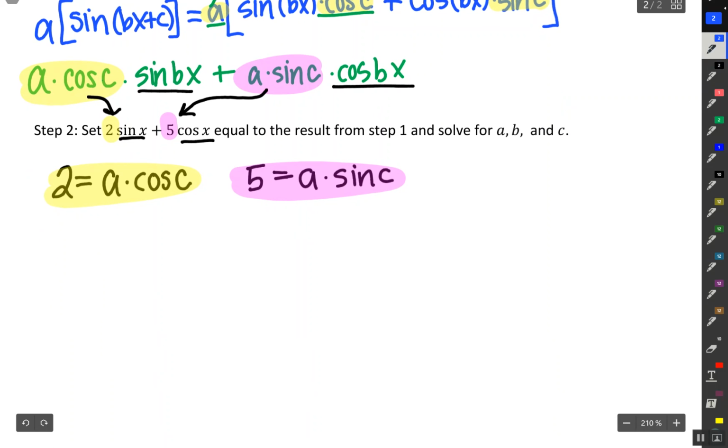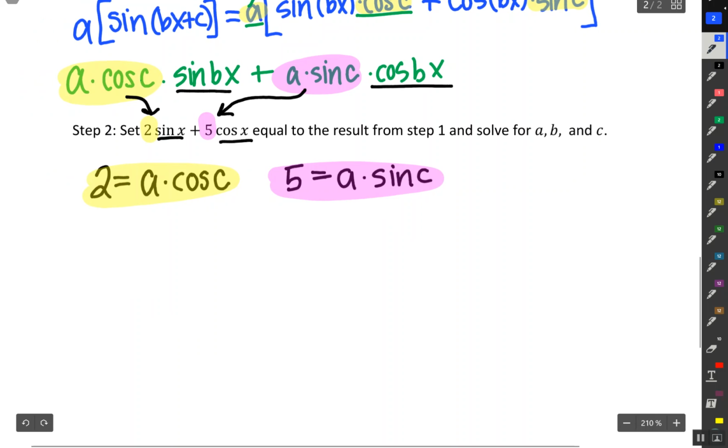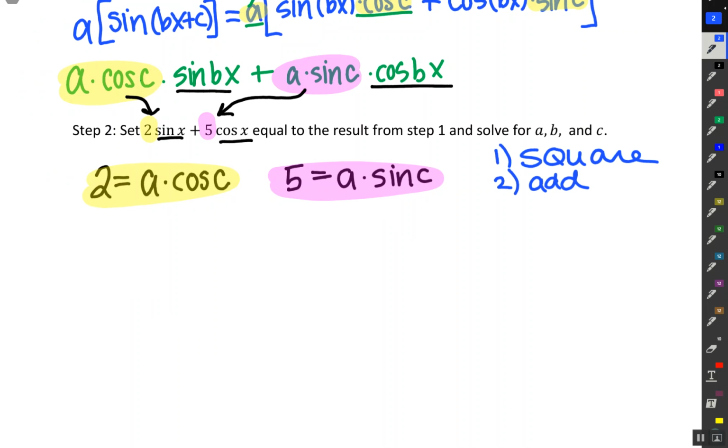You only need to understand what I'm doing once. You're not going to have to redo this process completely every single time because it's pretty much the exact same process. All right, so what I'm going to do is square both equations on both sides, and then I'm going to add the equations. And my goal is to get sine squared plus cosine squared, because then that turns into 1.